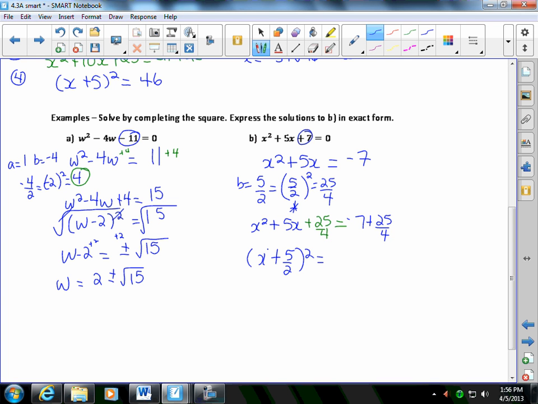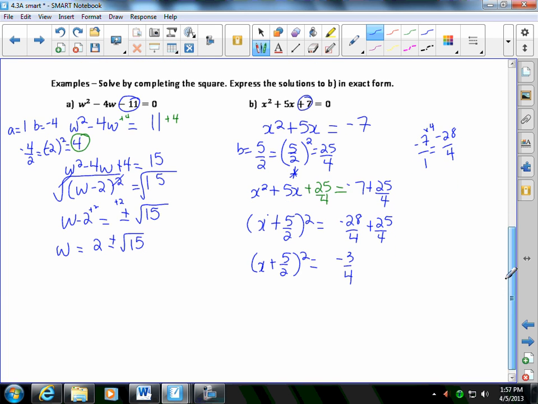Now negative 7 plus 25 over 4. If I want to change that so it's a denominator of 4, I have to multiply by 4, so I get negative 28. So I have negative 28 over 4 plus 25 over 4. So x plus 5 over 2 all squared is equal to negative 3 over 4.